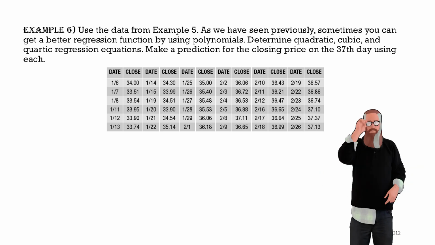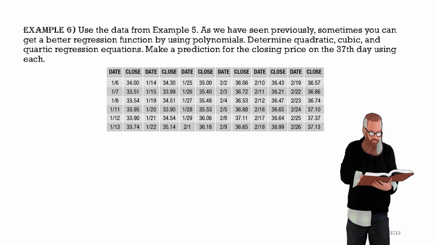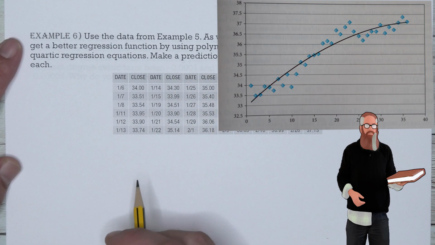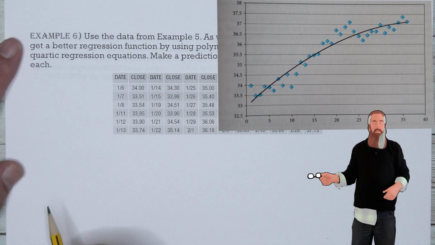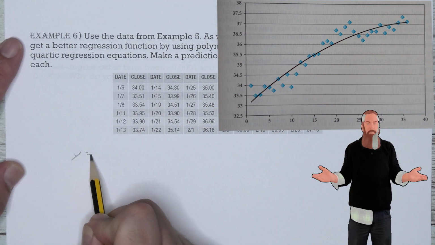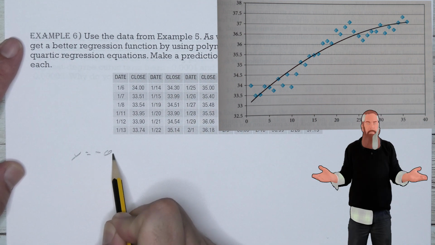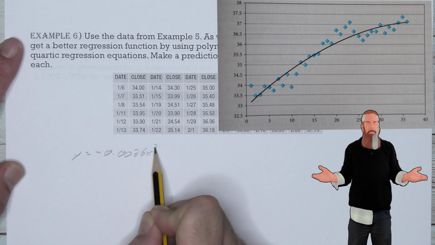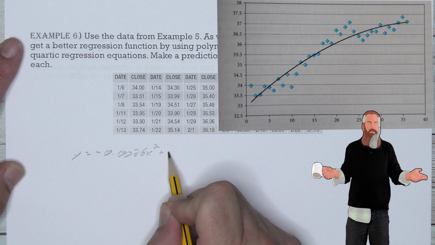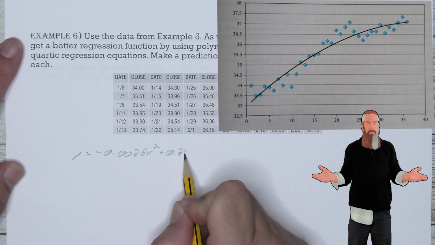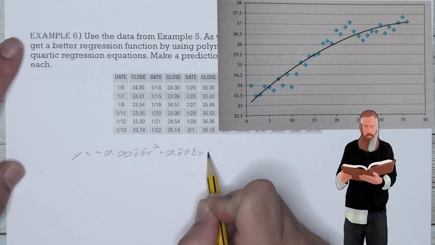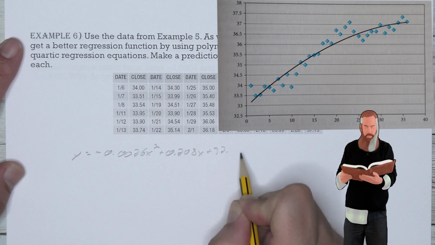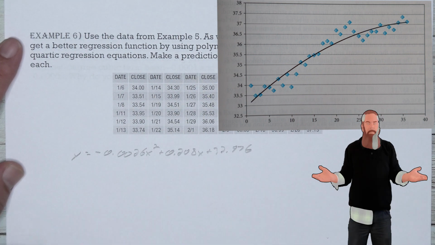As we have seen previously, sometimes you can get a better regression function by using polynomials. The quadratic regression curve is the equation y equals negative 0.0026x squared plus 0.208x plus 32.976.